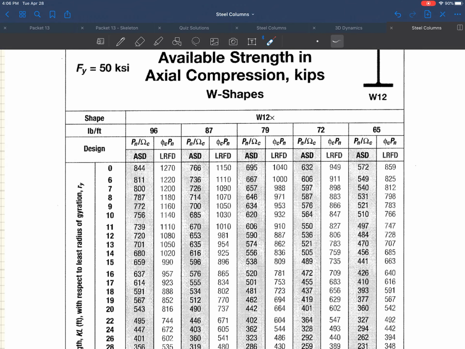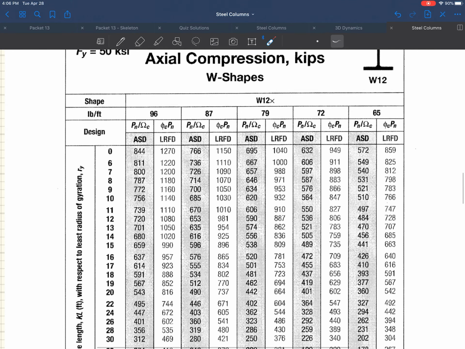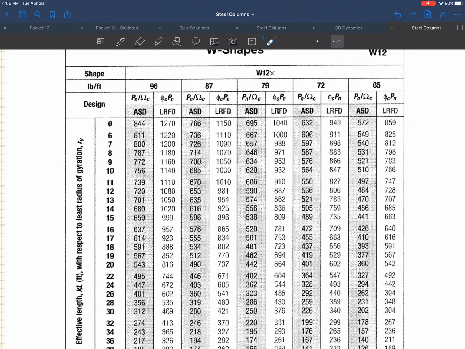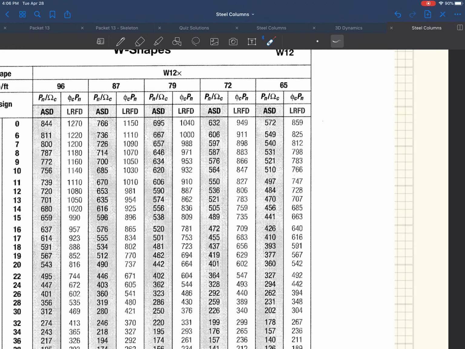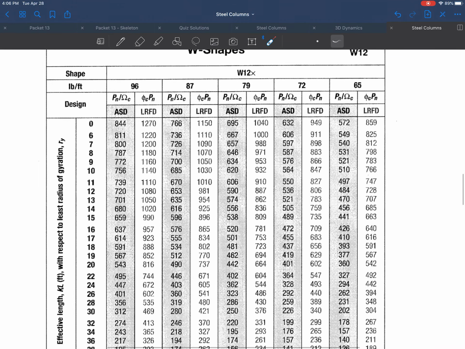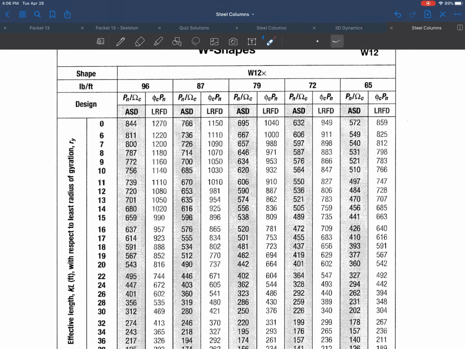You enter it with your demand, your Pu. You have to find a phi-Pn that's bigger than your Pu. You know what your KL is, so you find your KL in this table, and then you read across until it works. If you can't find it on this page, then you go to one of the other pages, and this table continues on for different sizes of members on the different pages.